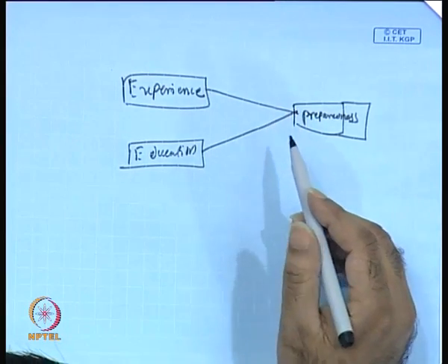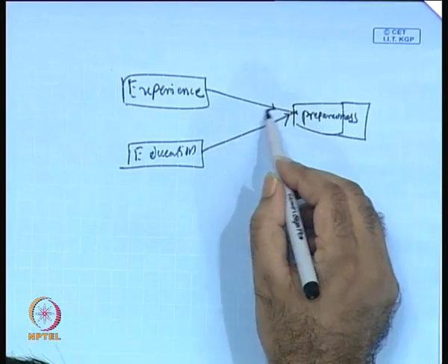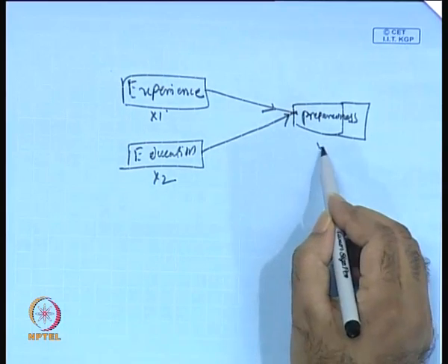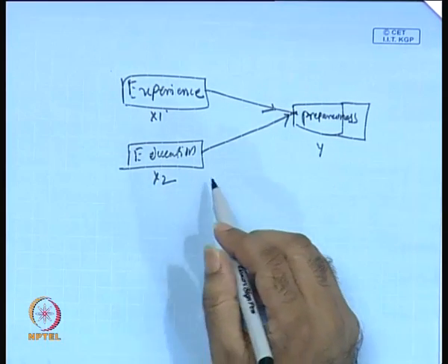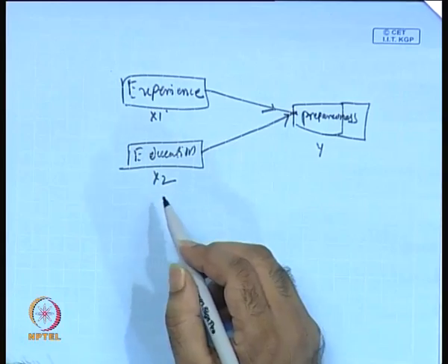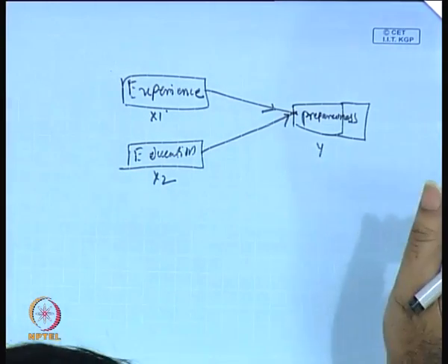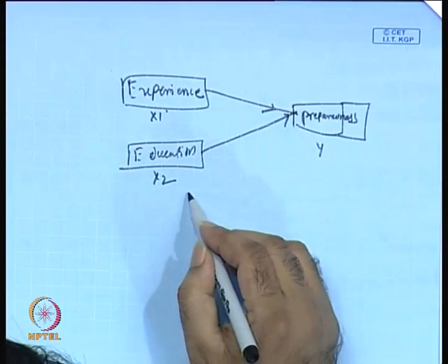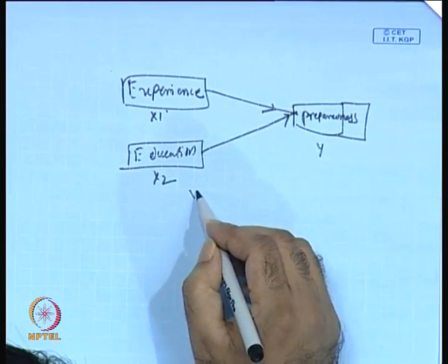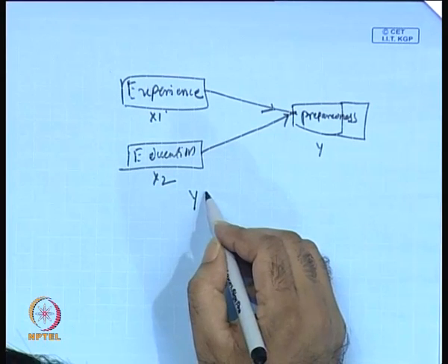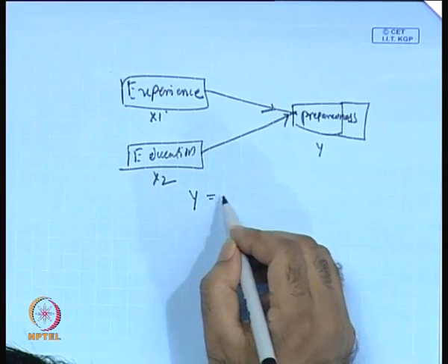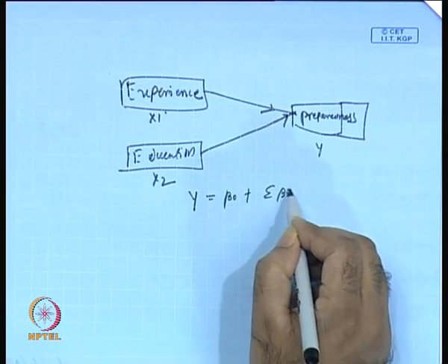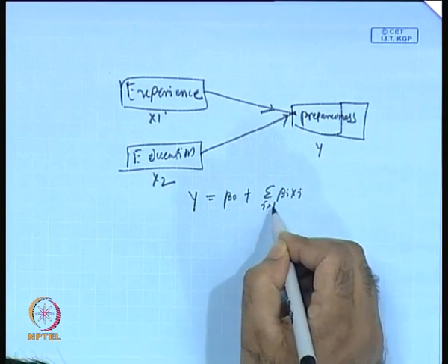So the simple direct path is like this. I will call this x1, this x2, and this y. When I go for the simple direct path, obviously I have to apply direct multivariate regression analysis, that is, multiple regression analysis. So I will write it like this: beta 0 plus summation beta i xi, i equal to 1 to 2.